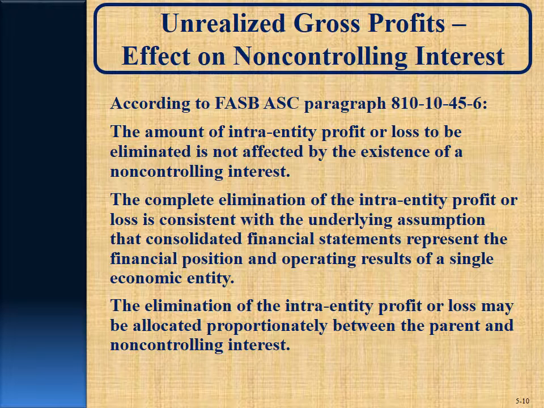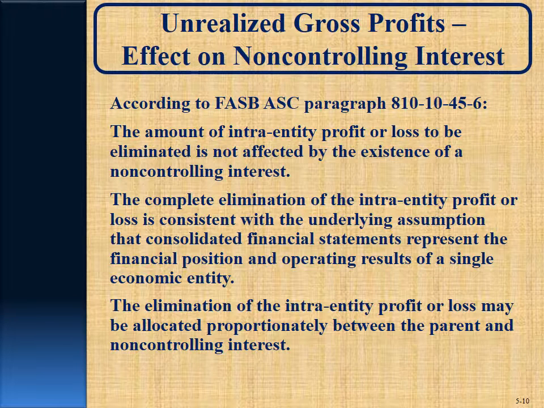The elimination of the intra-entity profit or loss may be allocated, though, proportionately between the parent and the non-controlling interest. So, the FASB is basically saying you could look at it as if it's 100% owned, or you could look at it from the other perspective. And on page 206, they talk about this. And this is the way it's usually handled.